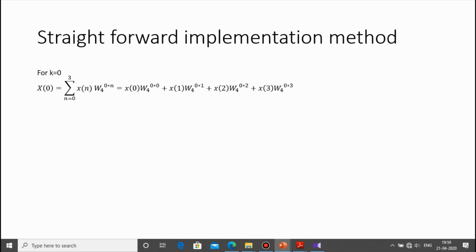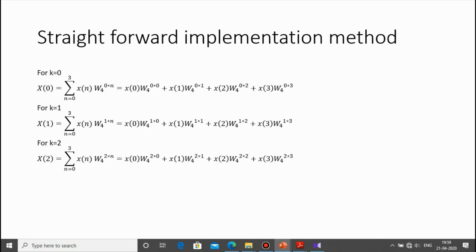Same for k equal to 1 for X[1], same for k equal to 2 X[2], and same for k equal to 3 X[3].